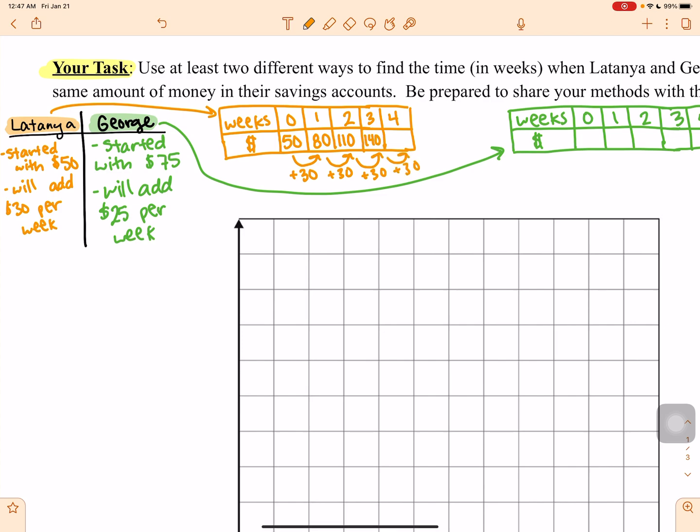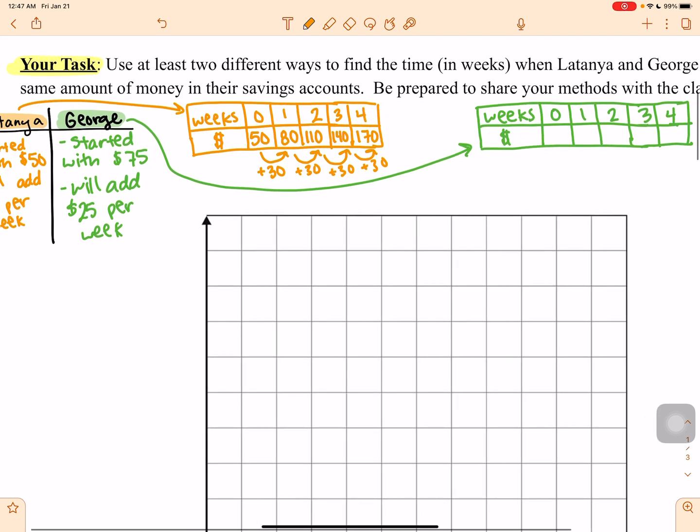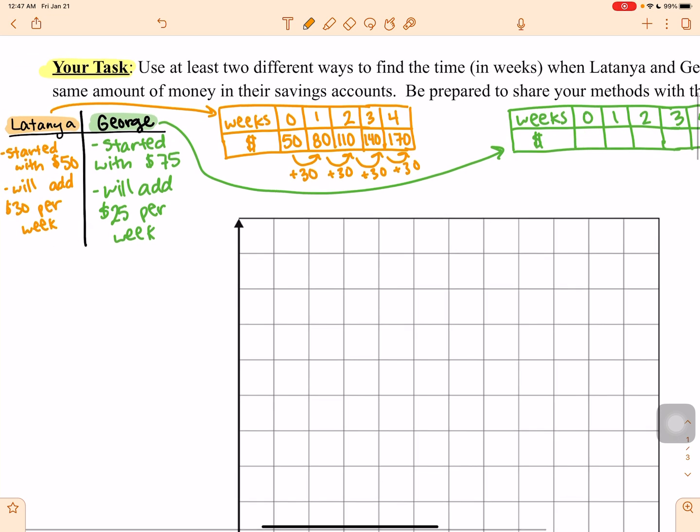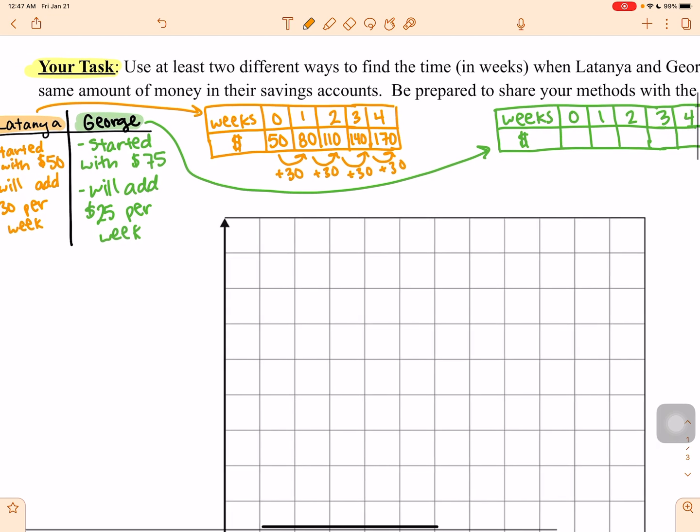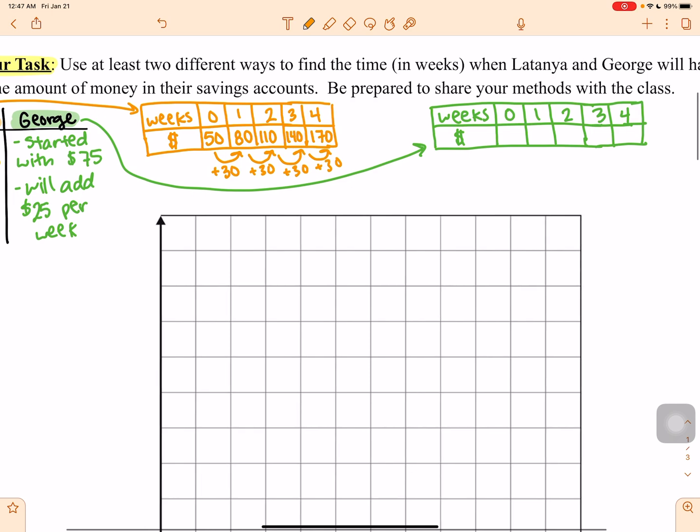All right, so we can go all the way to week 4. So I'll pause there. I could keep on going, but let's just see what George's looks like, okay? And see if we have any intersections yet. All right, so George started with $75 at week 0.